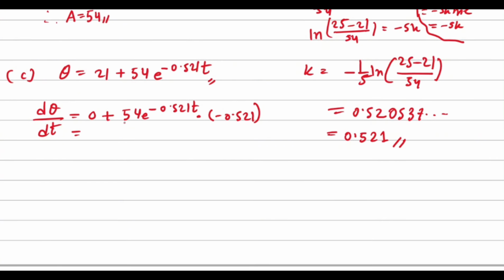And we are multiplying this together. So the ultimate answer would be minus 28.134 e to the power of minus 0.521 t.